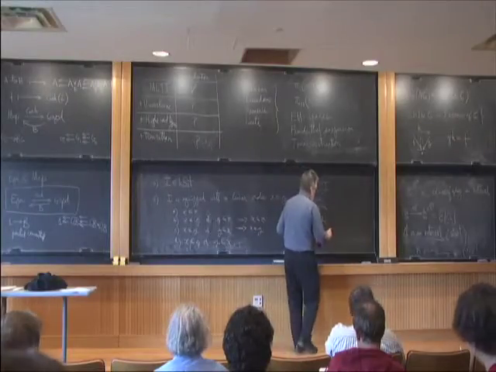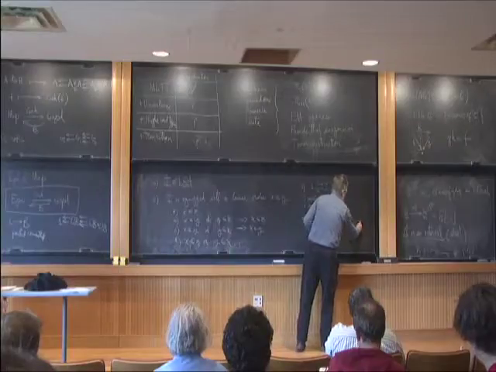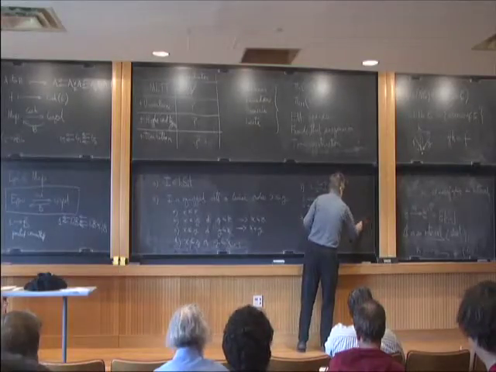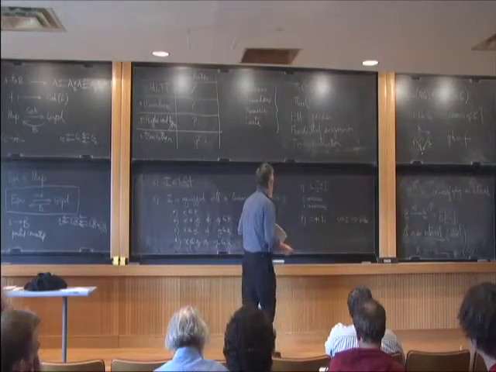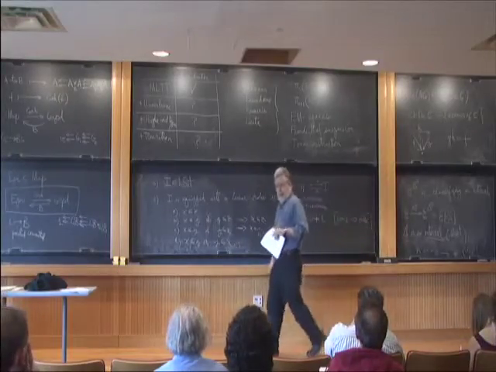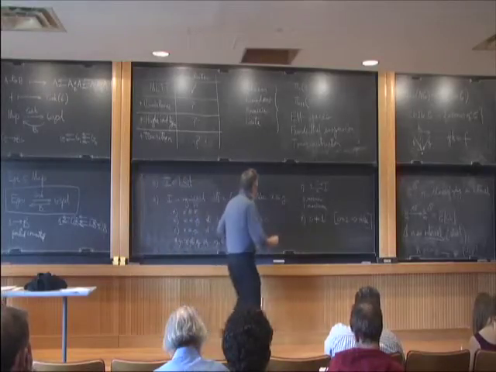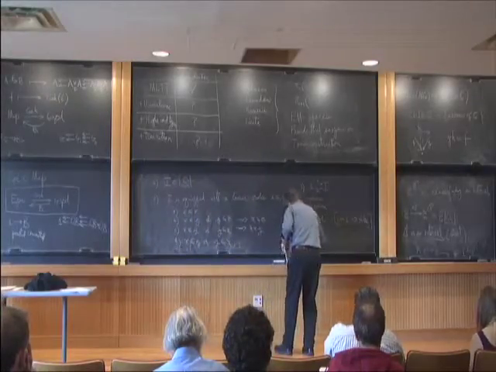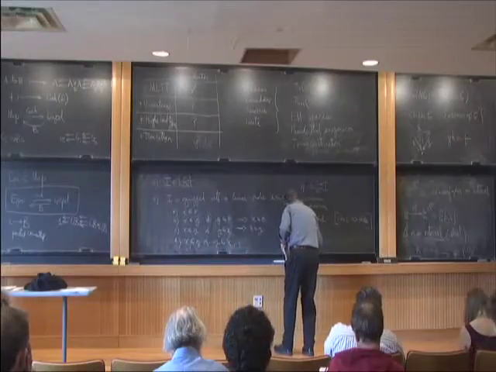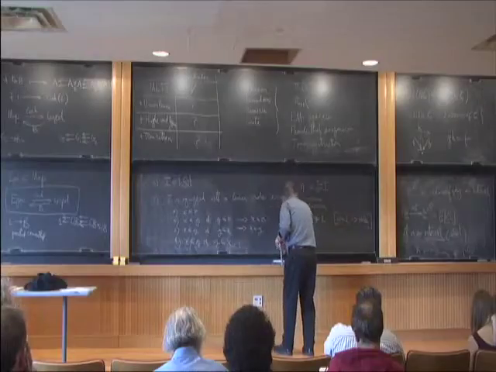And that means that 0 equal 1 implies false, right? So the two points are distinct. The picture is just that. That's the interval.